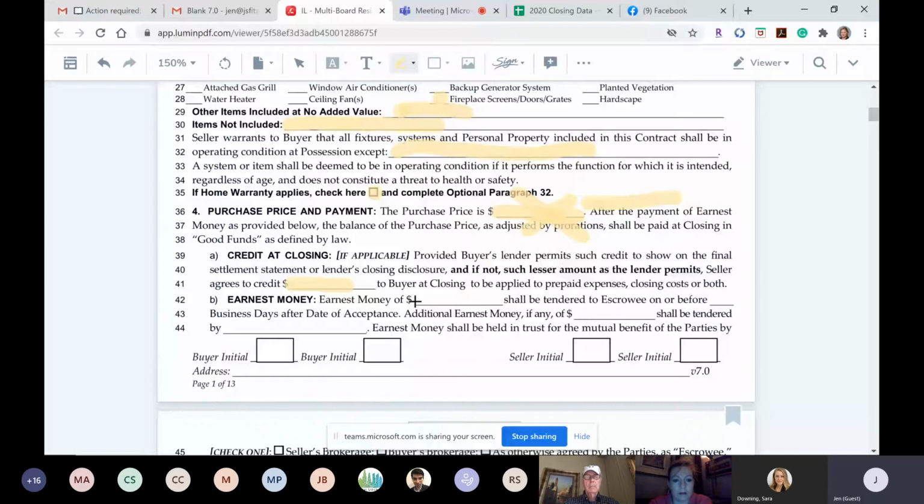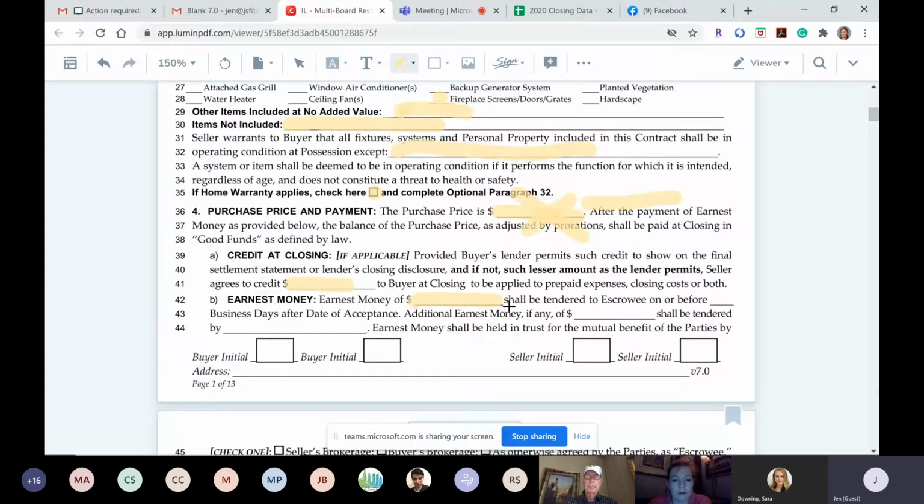Earnest money. So the line here we're talking about is the initial earnest money. This is, I'm here to make a deal money. Usually it's about $1,000. If we're talking about a $1 million property, maybe it's $5,000. This is the one that you turn in with the contract saying, we mean business, okay?